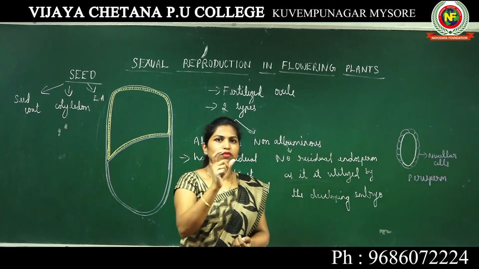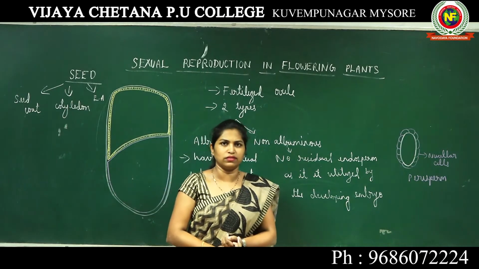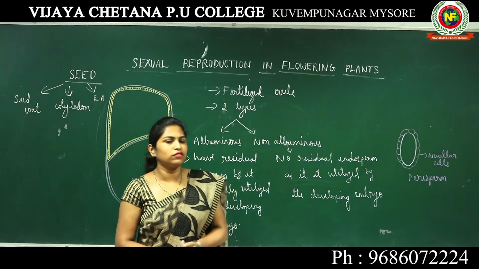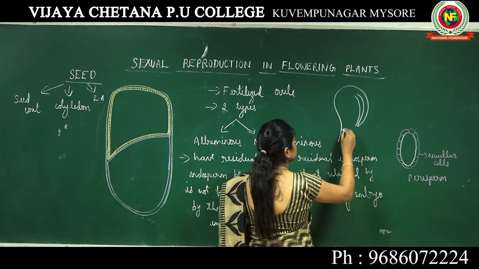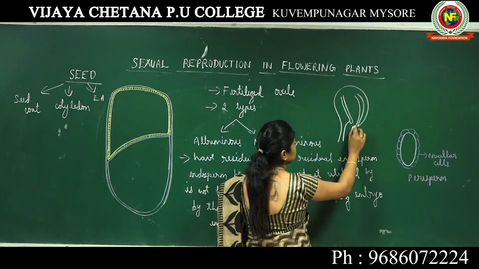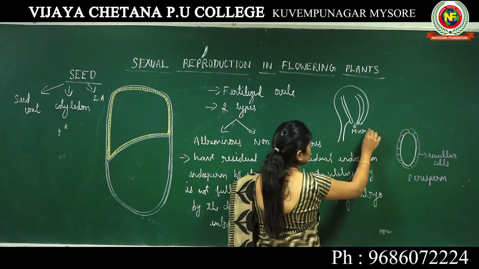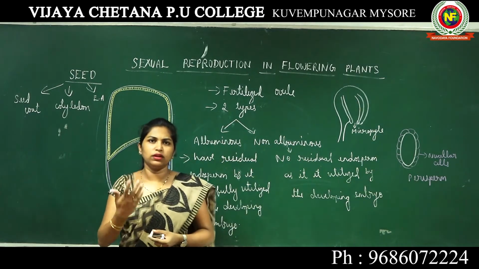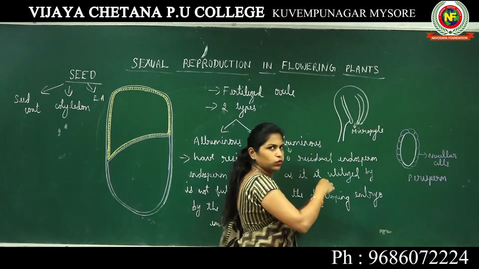Now, we all know that in the ovule, we have a small opening known as micropyle. We have studied it in all our classes. If you study the structure of the ovule, there is a small opening known as micropyle. Even after the ovule is converted into a seed, the whole ovule is converted into a seed.